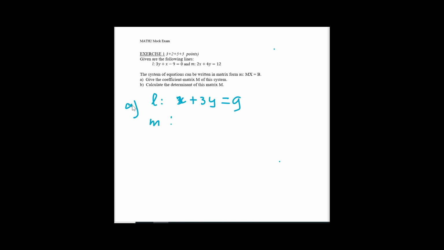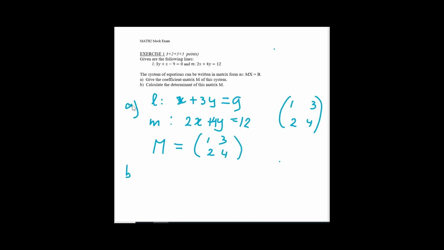And M is already in the right shape, so 2x plus 4y equals 12. The coefficient matrix of the system is now just the things in front of the x and the y. So that would be 1, 3, 2, 4. So the answer to question A would be the coefficient matrix M of the system is 1, 3, 2, 4.